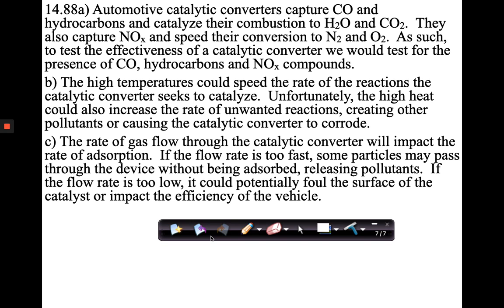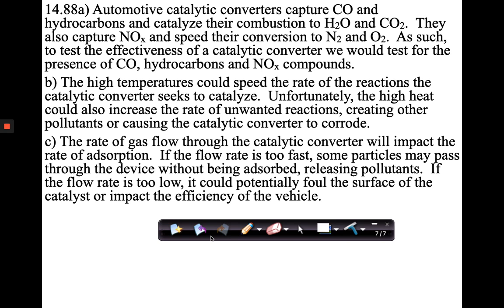And when these things burn, if they don't completely react with oxygen, we end up with carbon monoxide and other deadly gases being produced. And so there are these things in our cars called catalytic converters. So you've got the engine, you've got the tailpipe, and you've got the muffler. Between the engine and the tailpipe, there's another thing that looks like a muffler. It's just a bulge in your exhaust system, and it's called a catalytic converter. And inside there are all these little pellets.